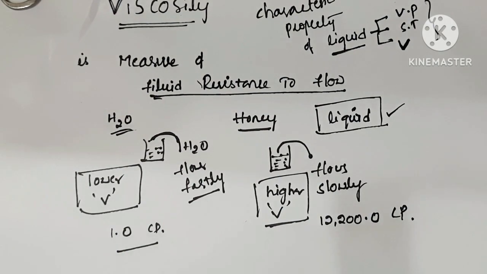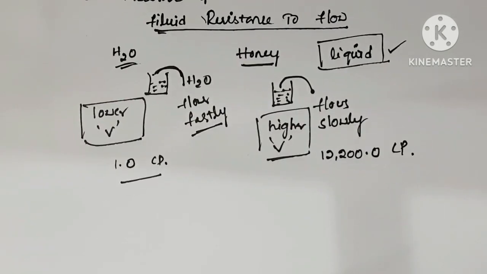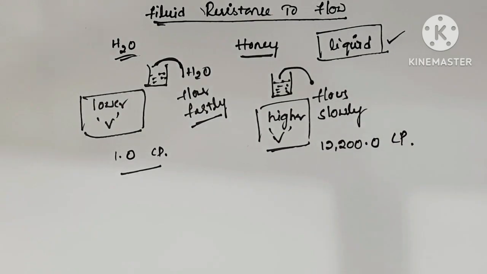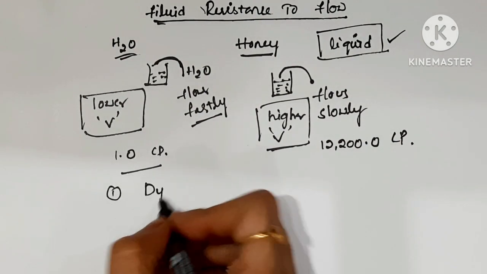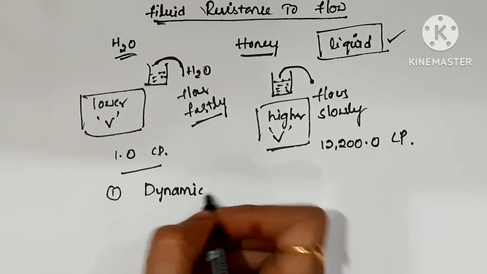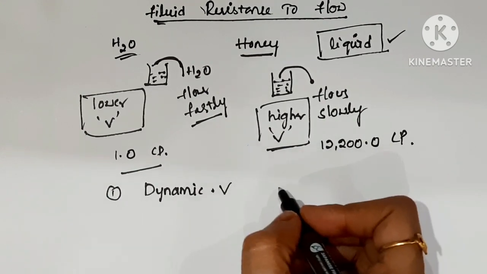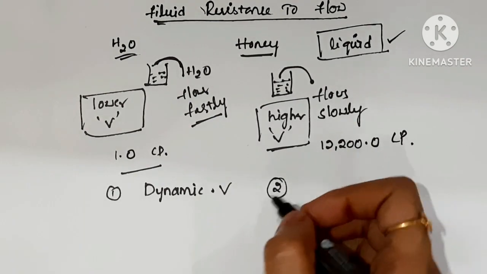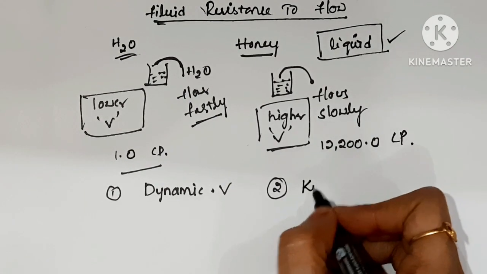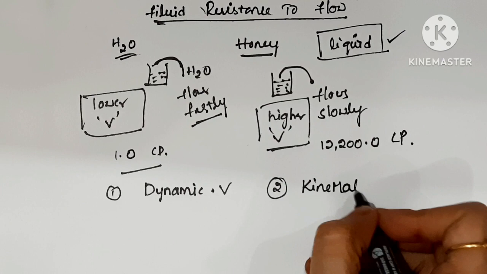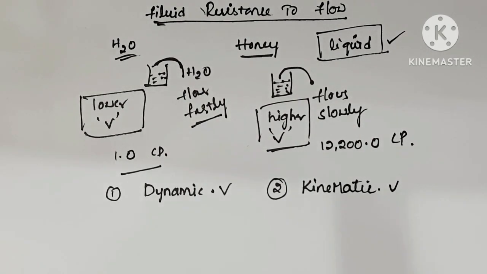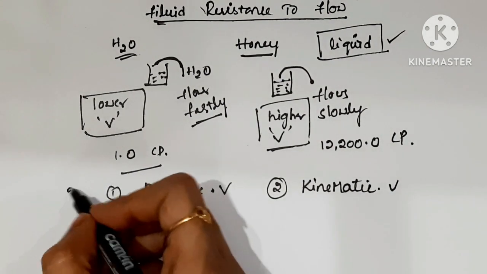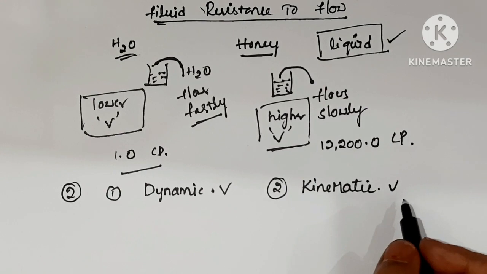Viscosity is generally of two types: one is dynamic viscosity, and the second one is kinematic viscosity. There are two types of viscosities: dynamic viscosity and kinematic viscosity.